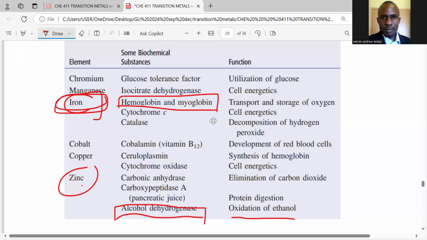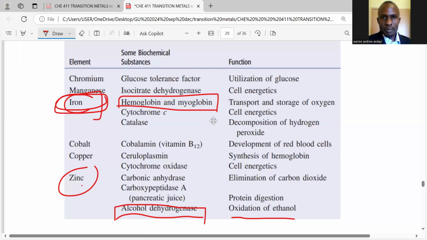The same with myoglobin. You can ask yourself, why is meat reddish? It's more of the myoglobin inside it, which has iron again on it. So some biochemical substances. So you remember the table is the element responsible in which biochemical substance and what does it do?